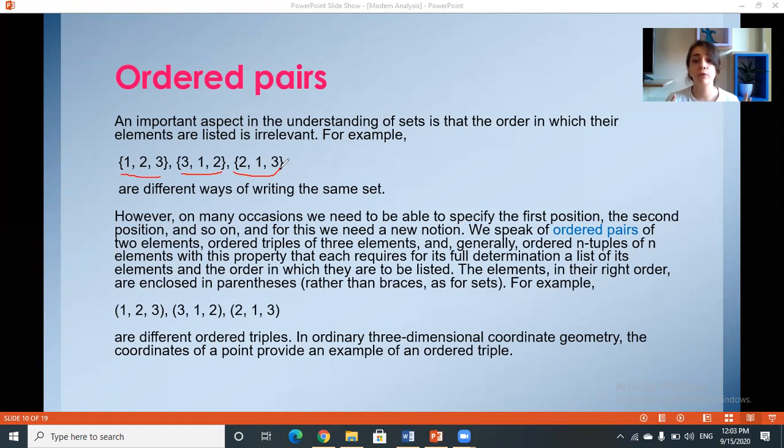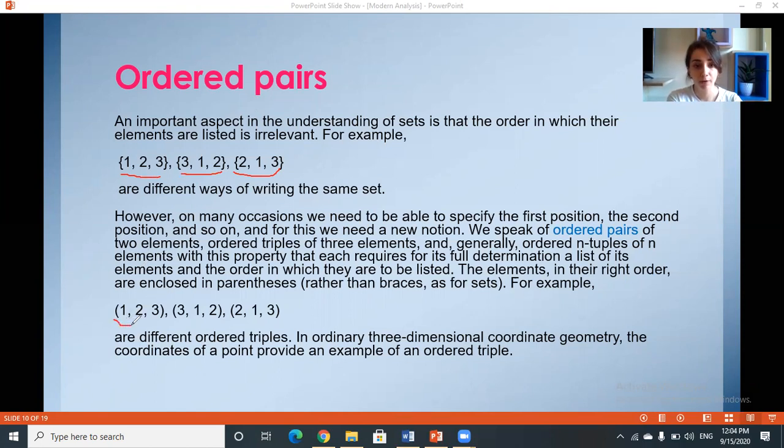We speak of ordered pairs of two elements, ordered triples of three elements, and generally, if we have n elements, we name it ordered n-tuples, okay, of n elements, with this property that each requires for its full determination a list of its elements and the order in which they are to be listed. The elements in their right order are enclosed in parentheses.